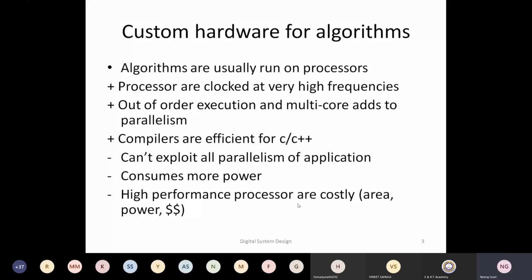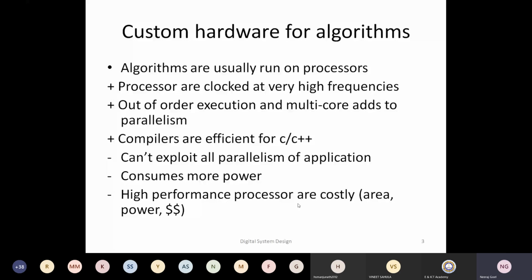You have a processor up to 2 or 3 gigahertz of frequency, plus the internal micro architecture of the processor, with a lot of techniques like out of order execution, multiple issue processors, multiple function units, branch prediction, and prefetching. All of these make the processor extremely fast and efficient.